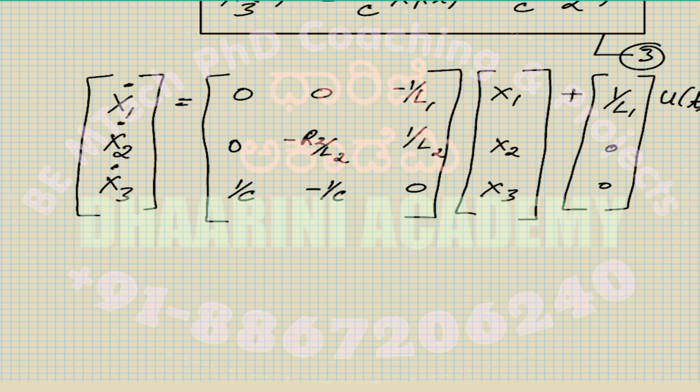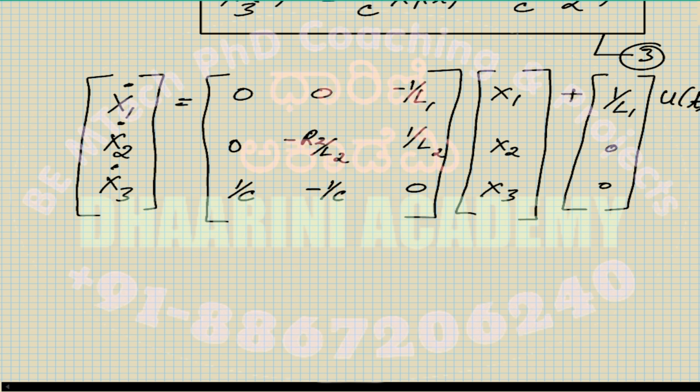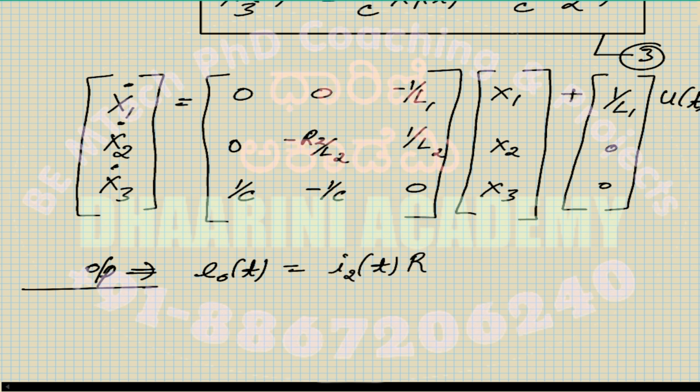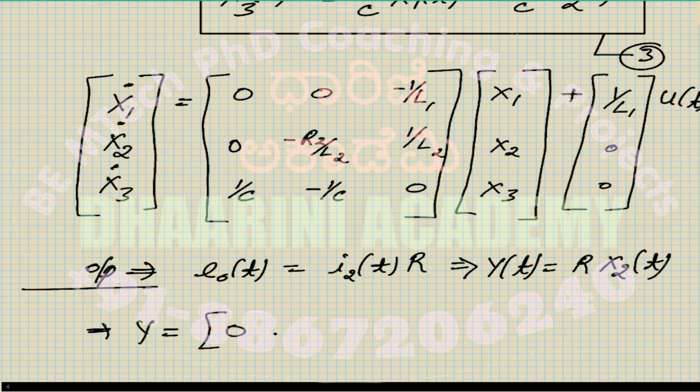Now, I want to write the equation for output, right? So what is the output of this given problem? The output is E naught of t. It's nothing but I2 of t into R, isn't it? So this implies the output y of t is simply dependent on x2 of t, R into x2 of t. Correct. So can I write the output now in the following? This implies the y equation, I can write it as C, 0, it depends on x2 as R and it does not depend on x3, right?